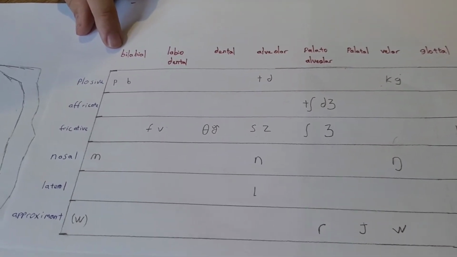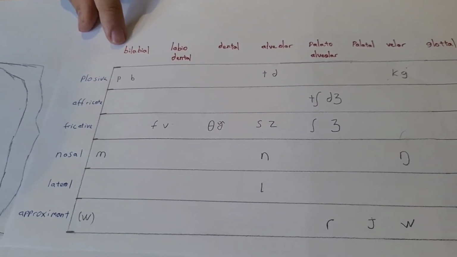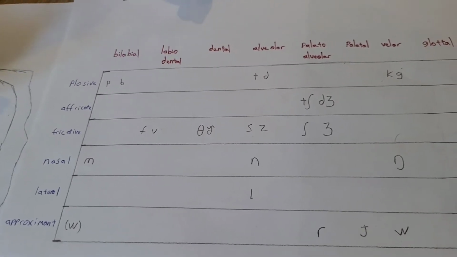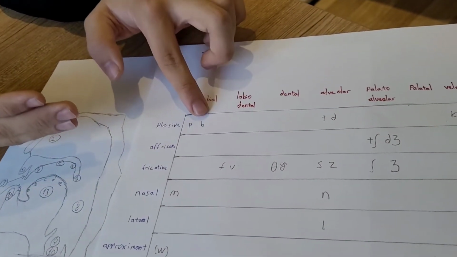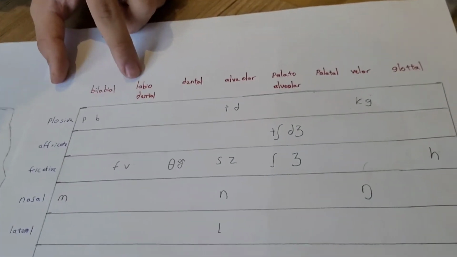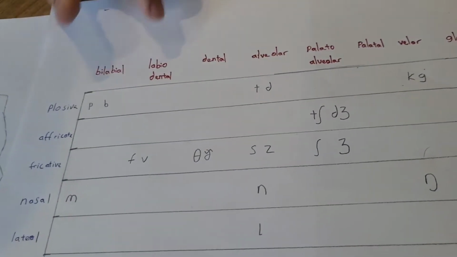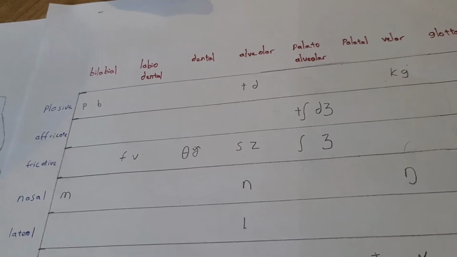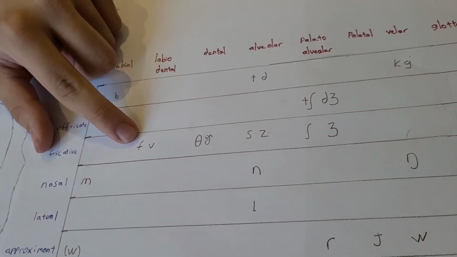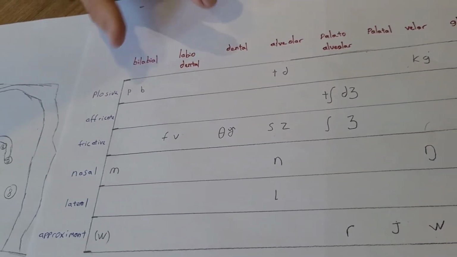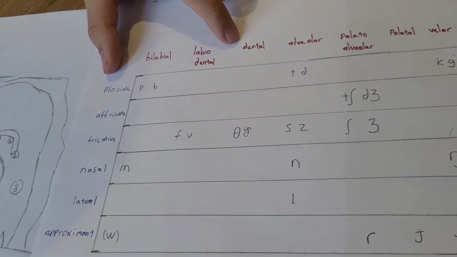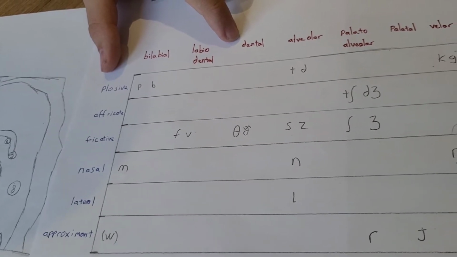This one is bilabial, which means you use both lips to close them to make the sound, just like P or B. Labiodental means you use your lower lip and then upper teeth. F, V. You can also check it out by doing it yourself. The dental means you use your tongue tip and your teeth.